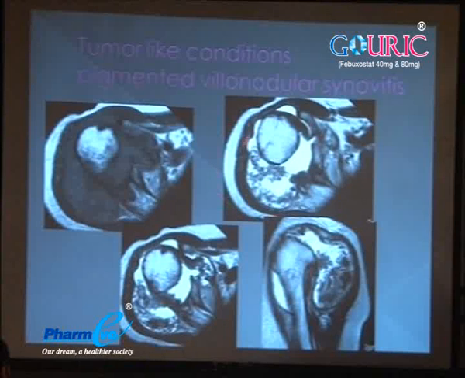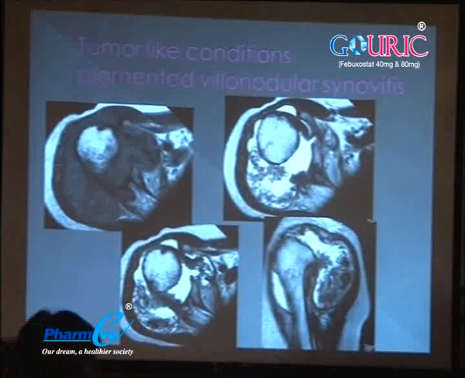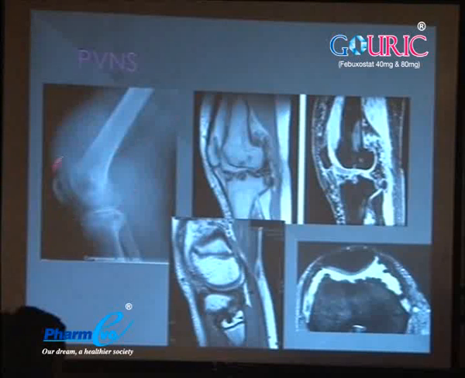Tumor-like conditions. Now these are very interesting cases, and when you see these low signal areas within this joint, this is PVNS, which is a pigmented lesion, and this is the hemosiderin, and that is why it is very black on all image sequences. So even on T2, these things are very bright, pigmented lesions. And we have one in the knee joint where you can see erosive changes due to pressure erosions.